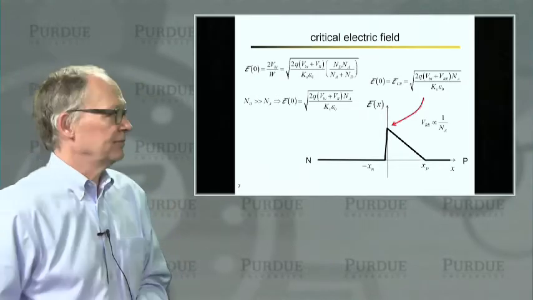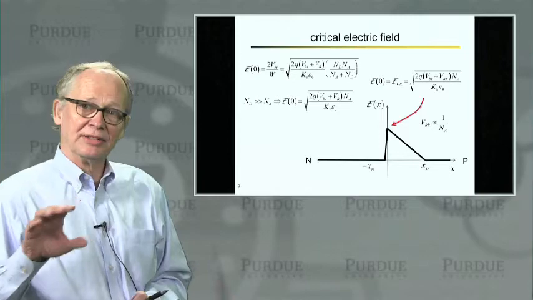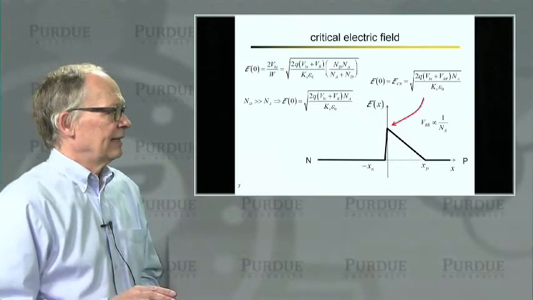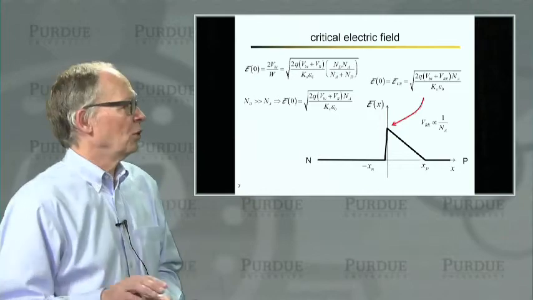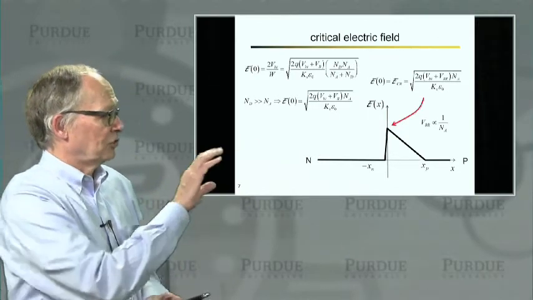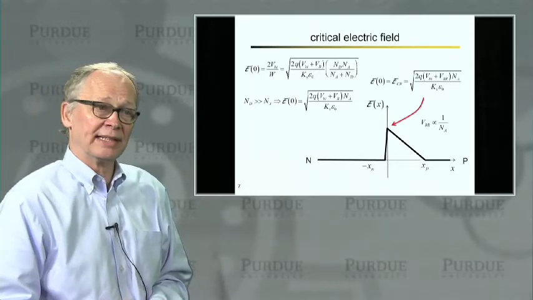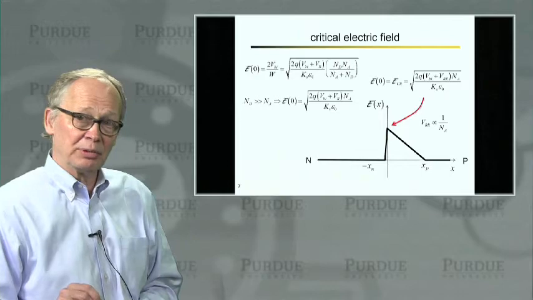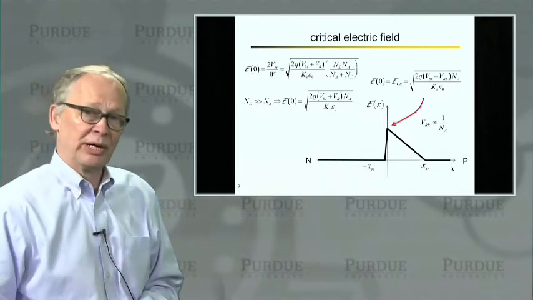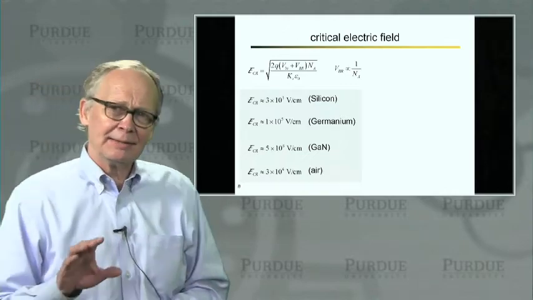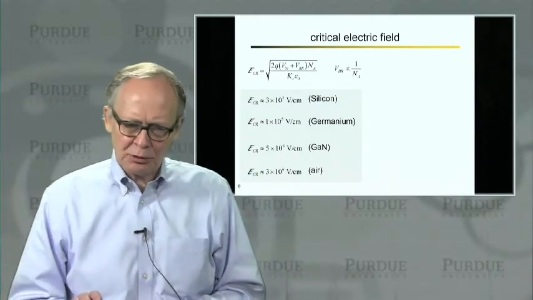It'll be a different number in different types of semiconductors. So you can also see that the breakdown voltage goes as 1 over the doping density. The higher I'm doped, the stronger the electric fields are in the depletion region, and the lower the breakdown voltage is.